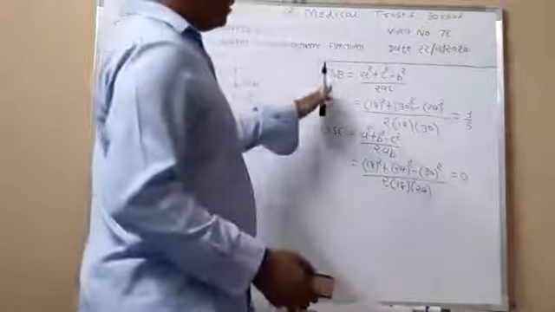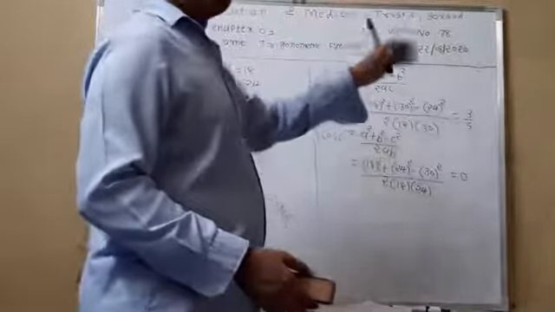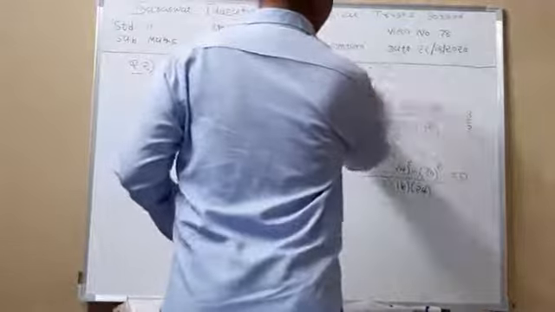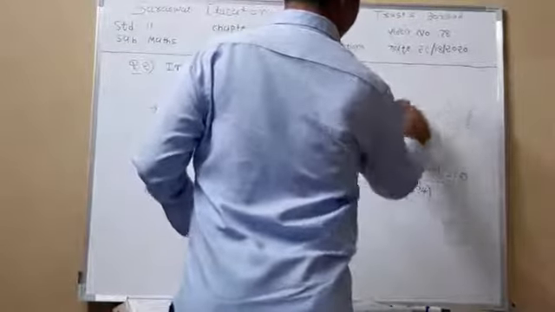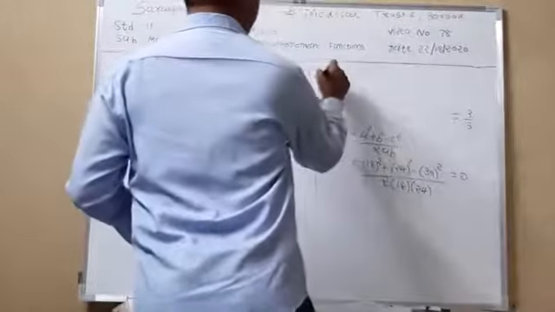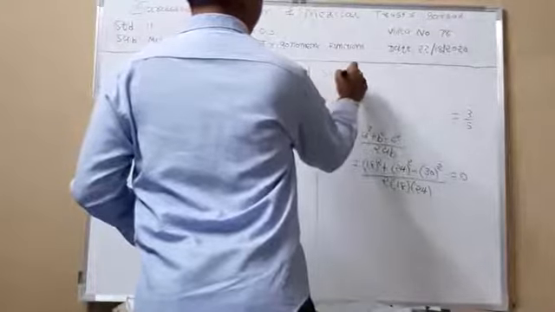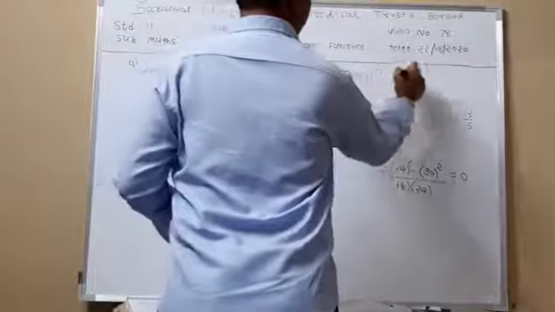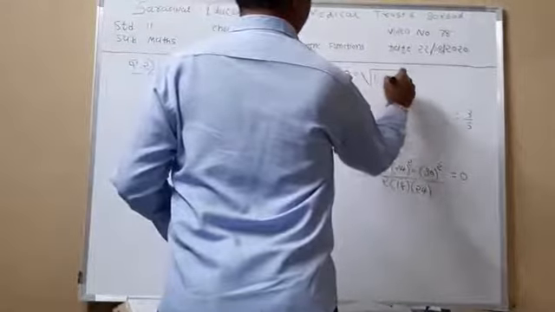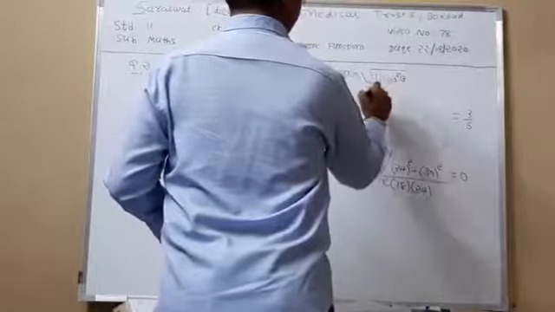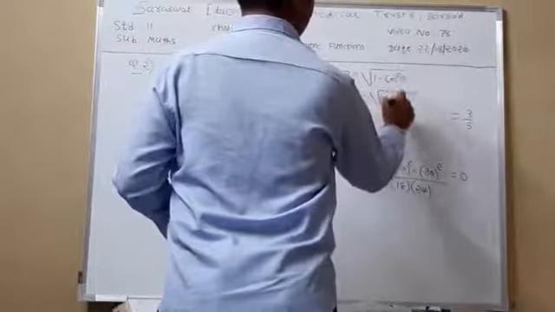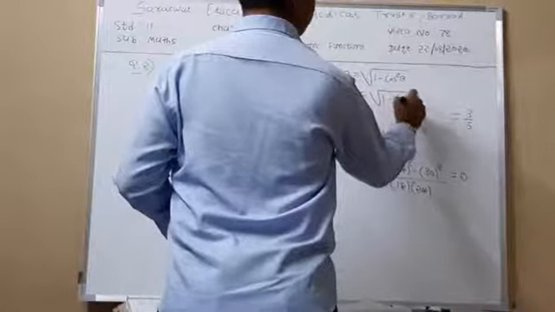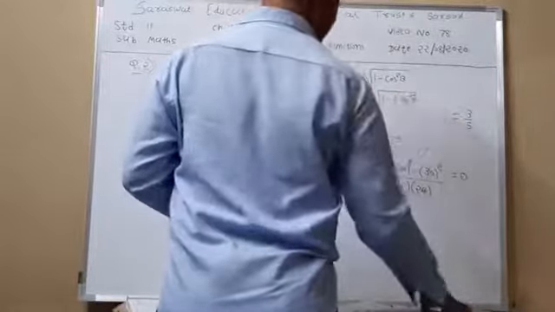Now similarly, sin B is equal to under root 1 minus cos square B, and here we get the value of cos B as 3 by 5. So sin B is equal to under root 1 minus 3 by 5 whole square.